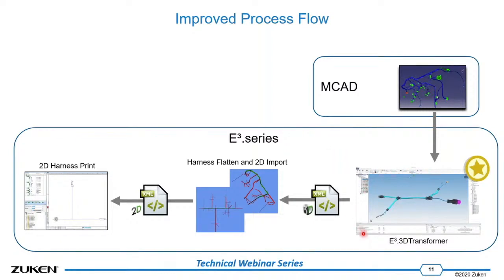Once we have that information in the E3 3D Transformer, you can extract it with this tool, and as we'll discuss a little later, that process is much faster. You would export the XML information and follow through that same flattening process, ultimately getting to our end goal of a manufacturable 2D print harness.